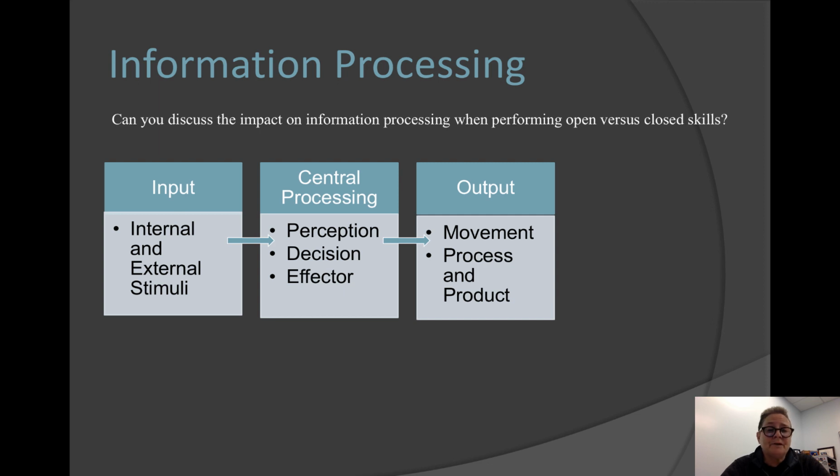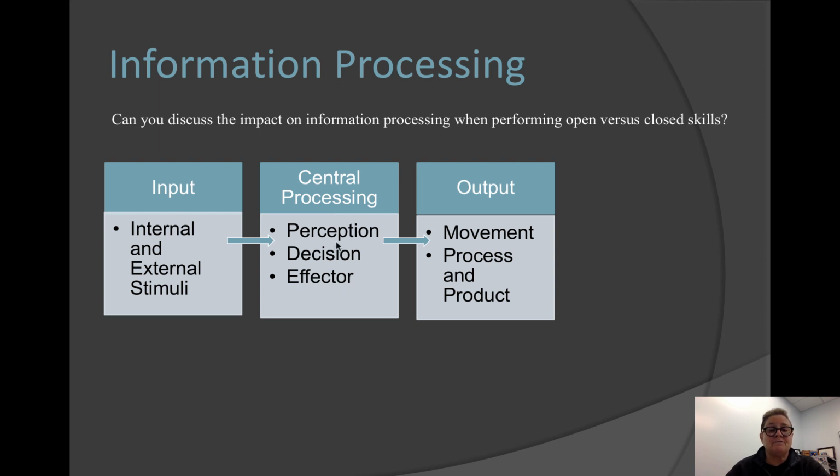It's not moving, so I could predict this earlier in time and thus take some of the emphasis off of central processing, because before the stimulus even begins at input, I could actually begin the central processing.